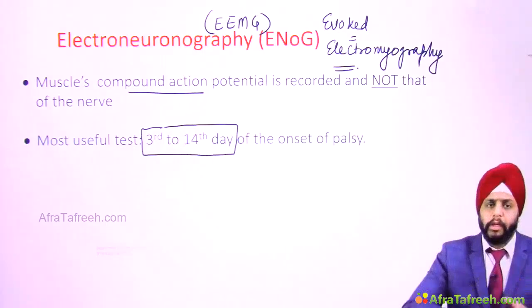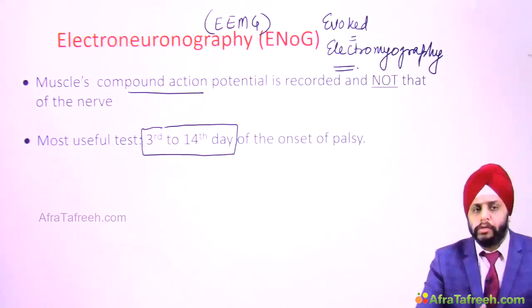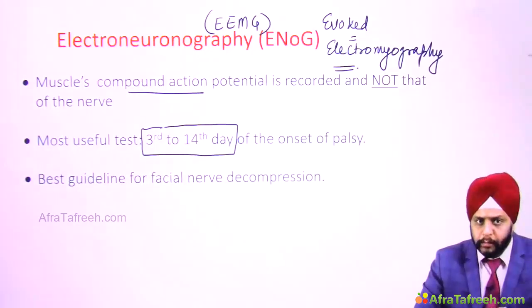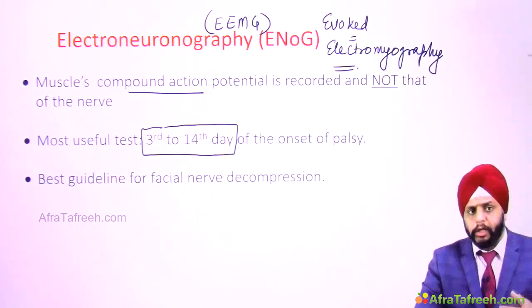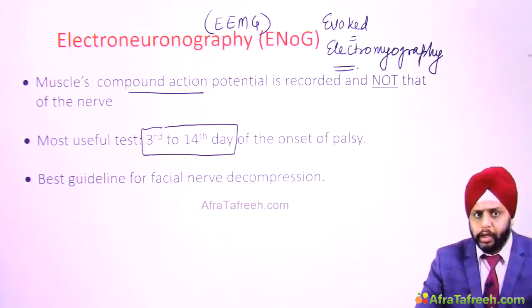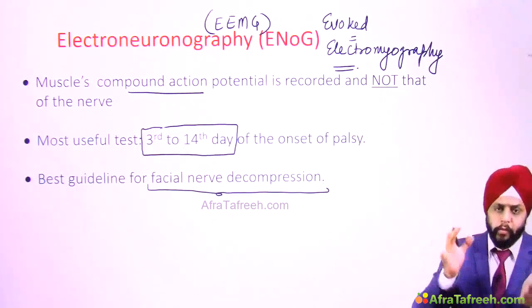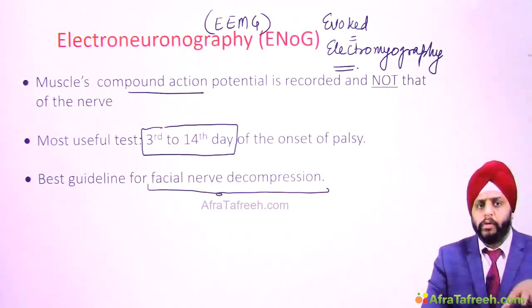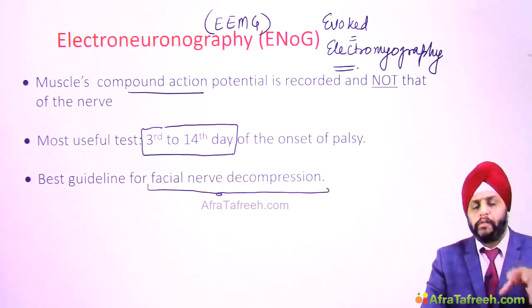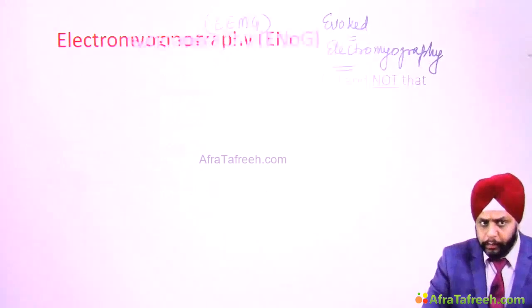So from the 3rd day to the 14th day, we can use electroneuronography. It will tell you if there is a loss of more than 90%, then this is the best guideline that you have to do a facial nerve decompression if there is an injury, if the bone is pressing the facial nerve. So you can do that by doing this electroneuronography, right?